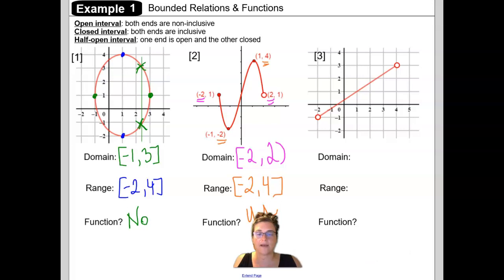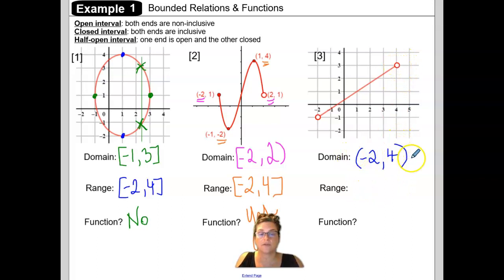Okay, so we're back, and I asked you to try example 3, so now let's go ahead and go over that. For the domain, our lower bound of -2 has an open circle, so we're going to use a parentheses on -2, then it's continuous all the way through to its highest x value here at 4, and so we're going to use a parentheses there at 4 since it's an open circle.